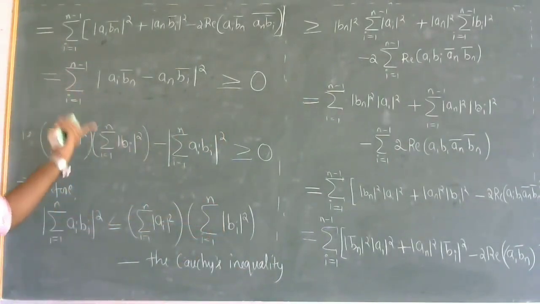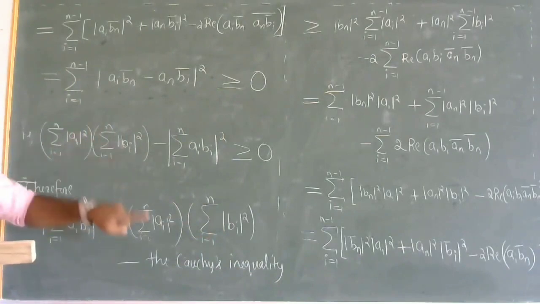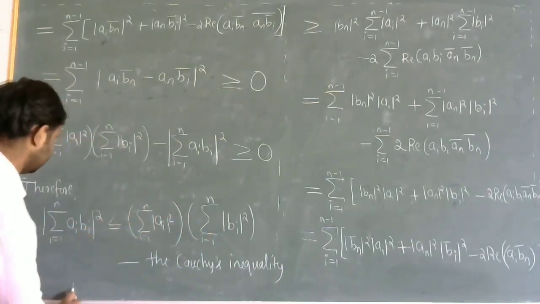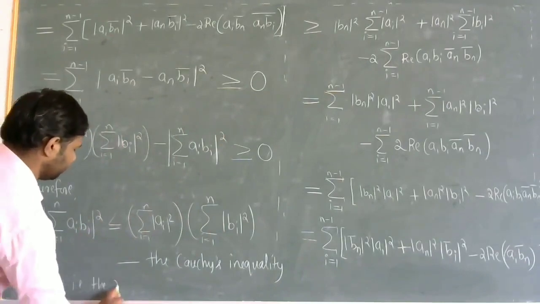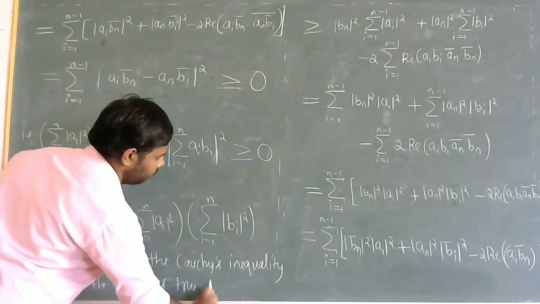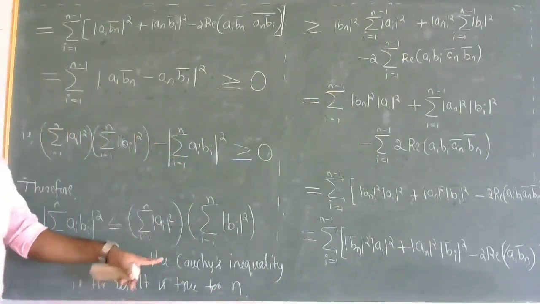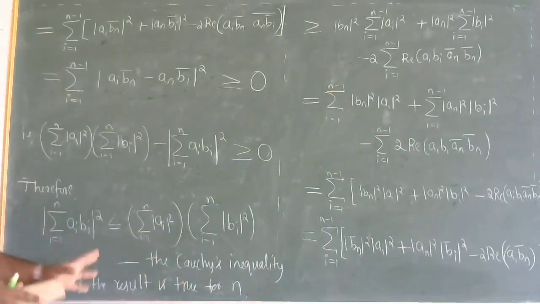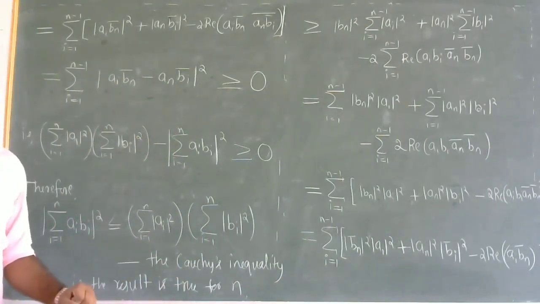So we started with n is equal to 1 and assumed for n minus 1 and proved for n. That is, the result is true for the natural number n under the assumption that the result is true for n minus 1. So thus, by the principle of mathematical induction.